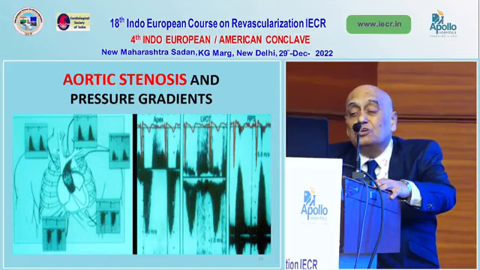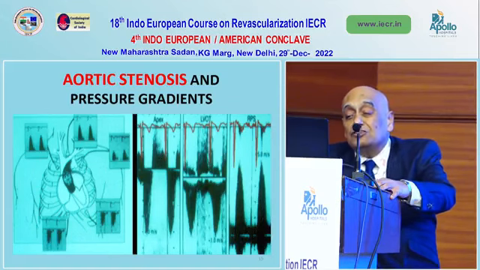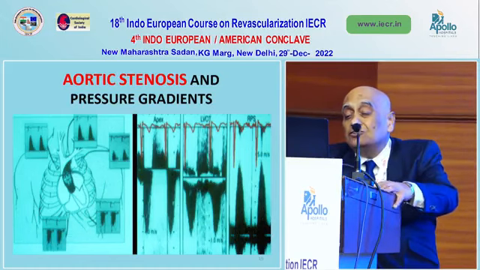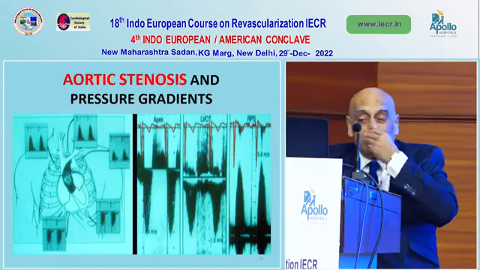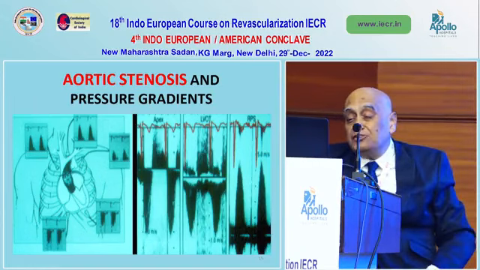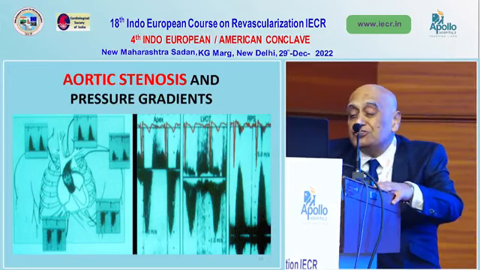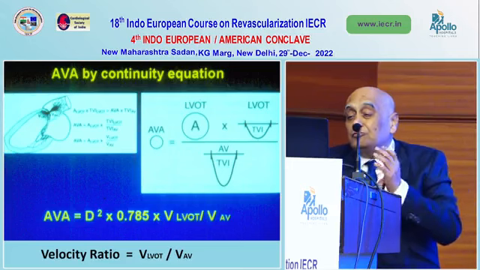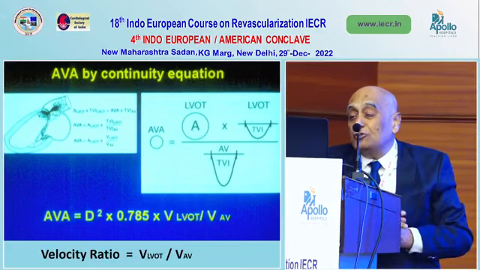So you have to use multiple windows, starting from the apical plane, then the right parasternal plane, the suprasternal plane, the left upper parasternal plane, and the subcostal plane. You take the best Doppler spectral tracing and calculate the mean gradients as well as the VTI and the valve area, which you get by what is called the continuity equation.